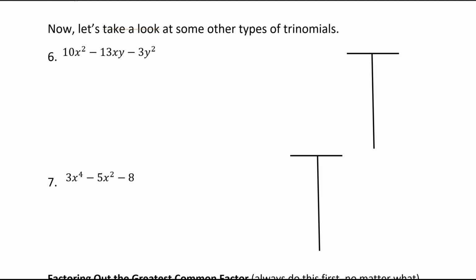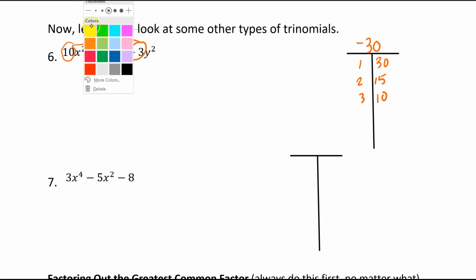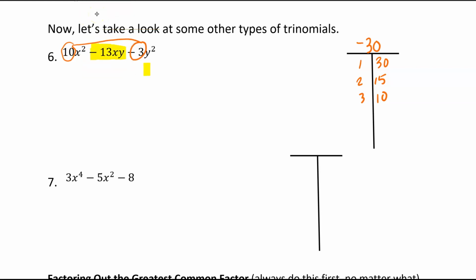We're going to multiply 10 times a negative 3 to get negative 30. Factors of negative 30 are 1 and 30. Well, let's do the positive factors: 2 and 15, 3 and 10. But what will work so that it will add to give us negative 13?